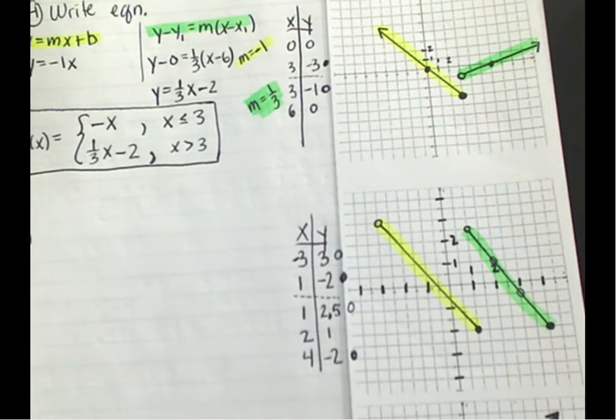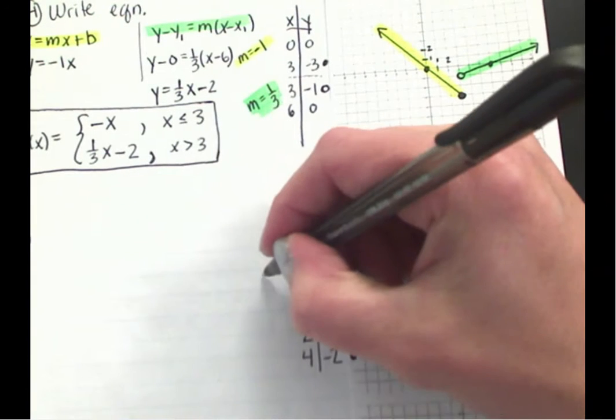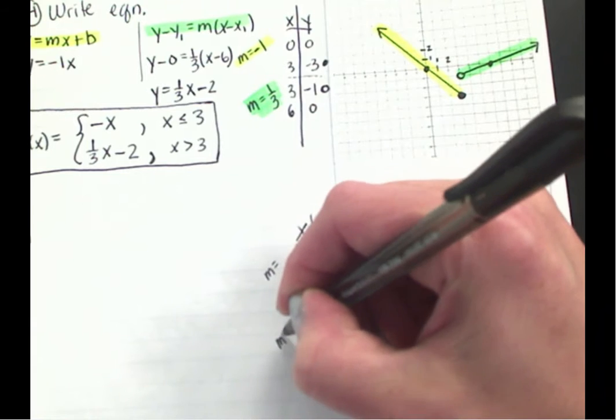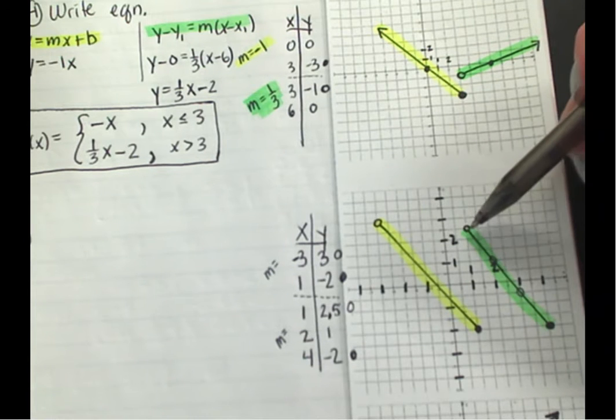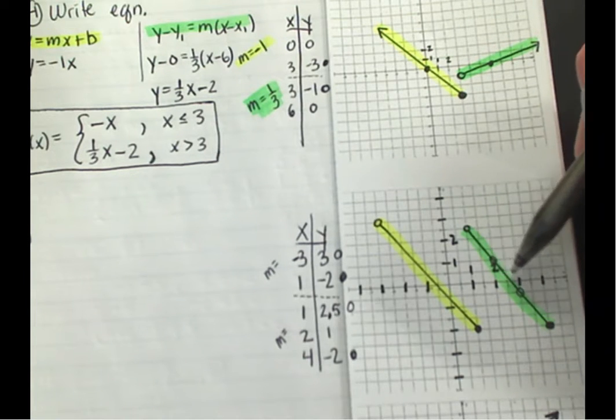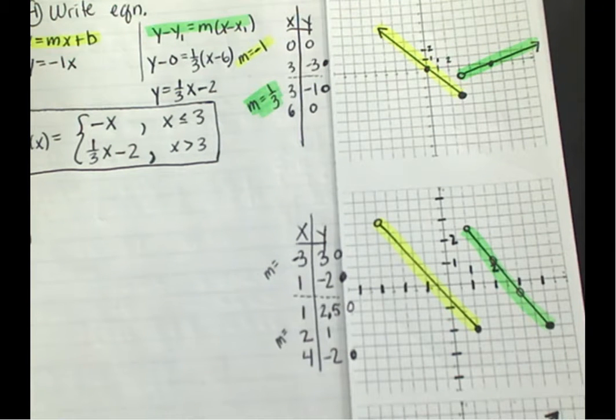Now you can write the equation. Okay, so I start here and I'm scanning the green segment for anything that appears to be integer coordinates.